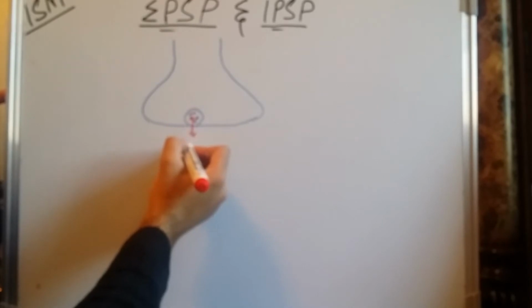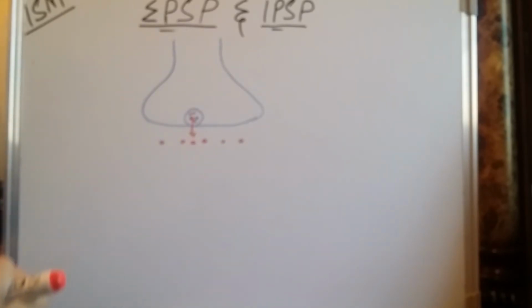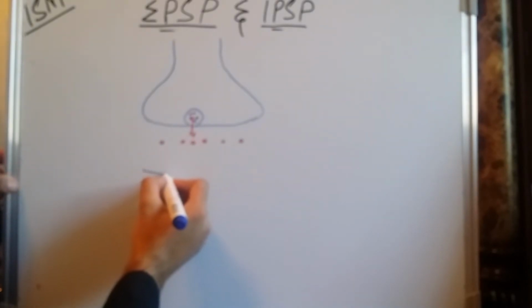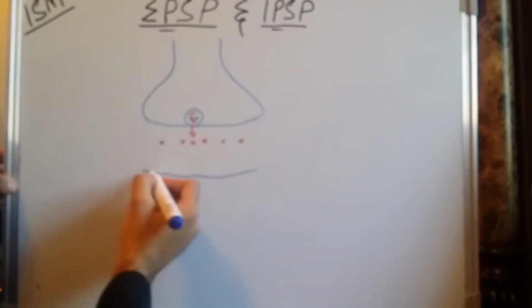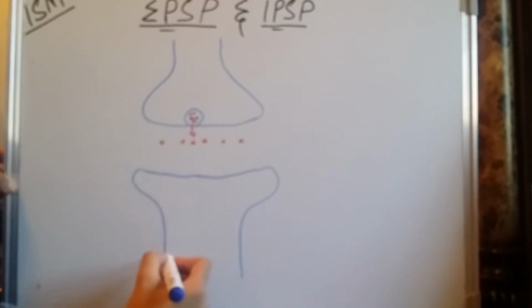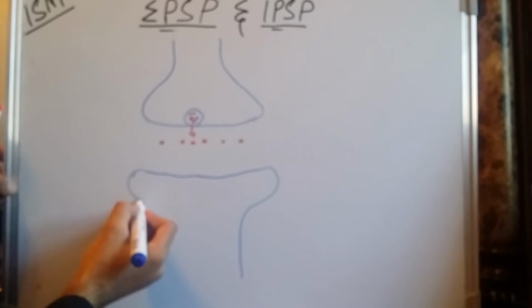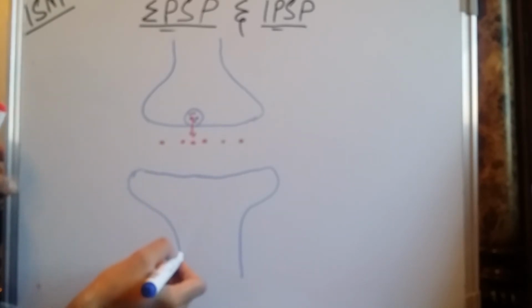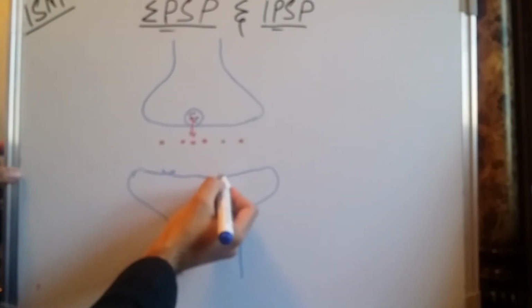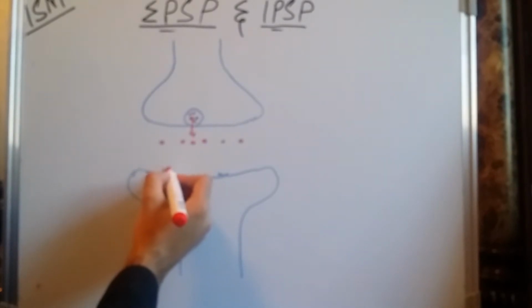First, the neurotransmitters are released into the synaptic cleft, and when they reach the membrane of the postsynaptic neuron, there are certain receptors which receive the neurotransmitters and generate an action potential.